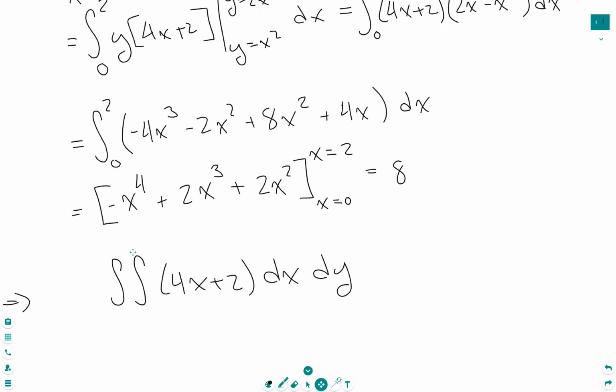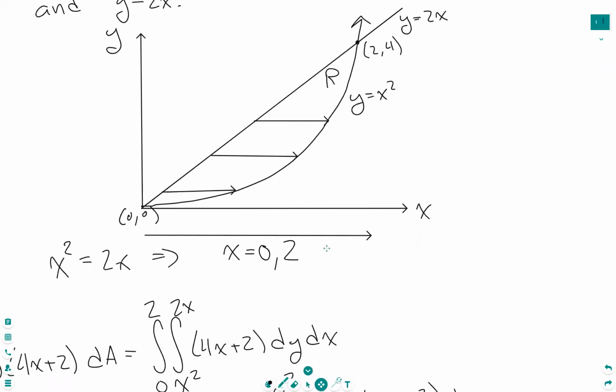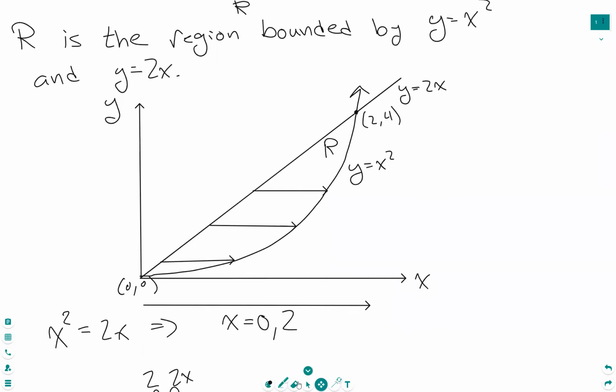So these have to be an x equals a function of y bounds, right? So we look at up here, we can rewrite these. This line, instead of saying y is equal to 2x, we can say that x is equal to y over 2. And here, we can say that x is equal to plus or minus the square root of y.